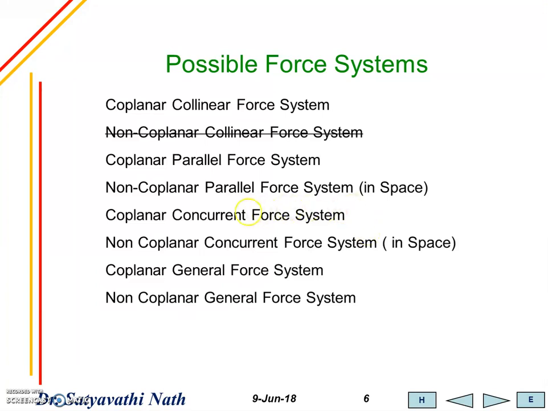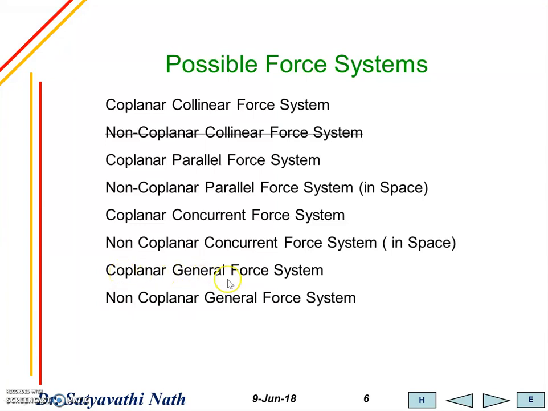And the forces which are acting in a single plane, and all of them meet at one point, we can call them as coplanar concurrent force system. And if this concurrent force system is not in a single plane, then we can call it as non-coplanar concurrent force system, that is in space. That means three-dimensional.